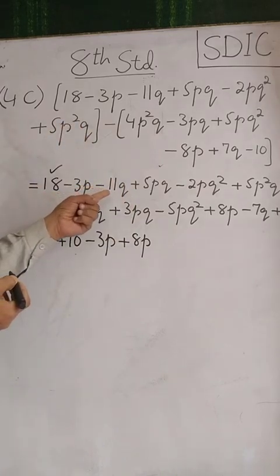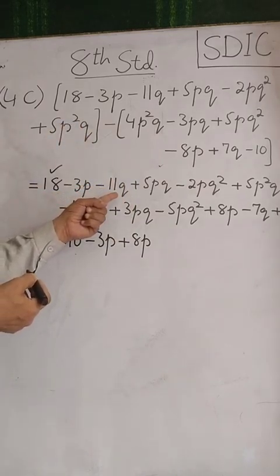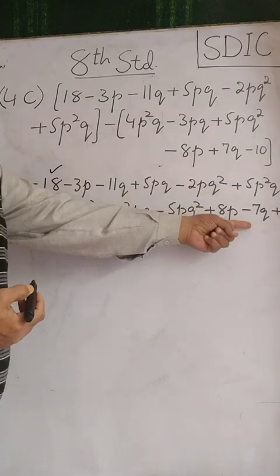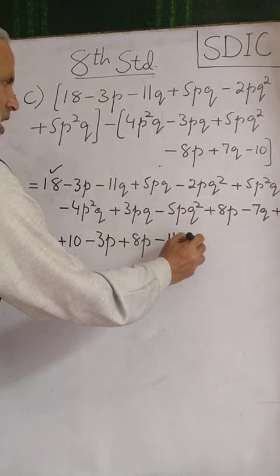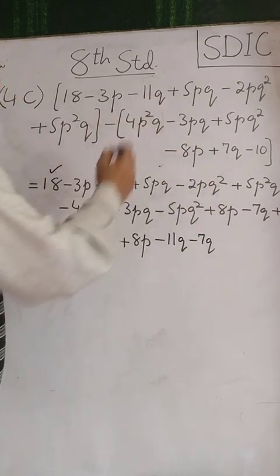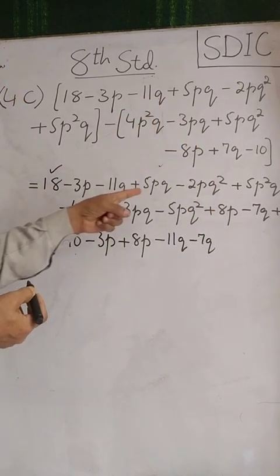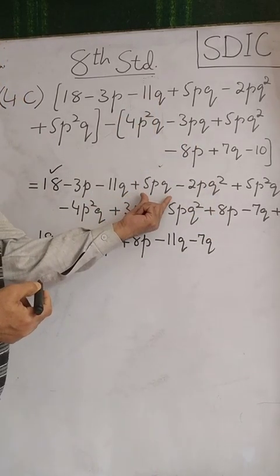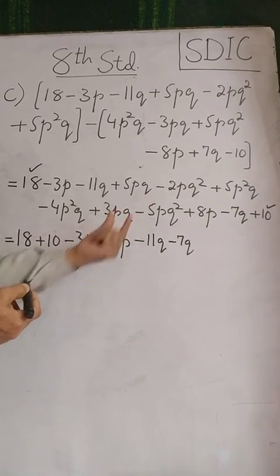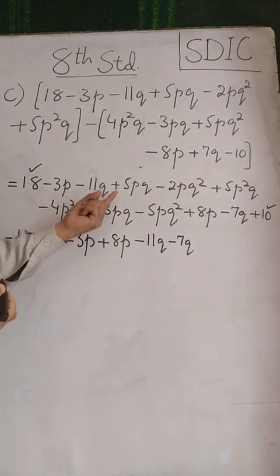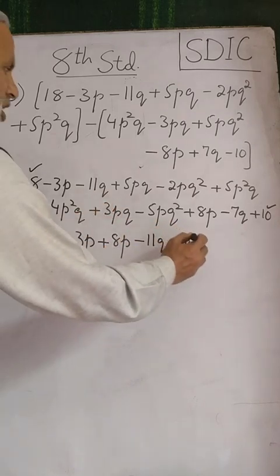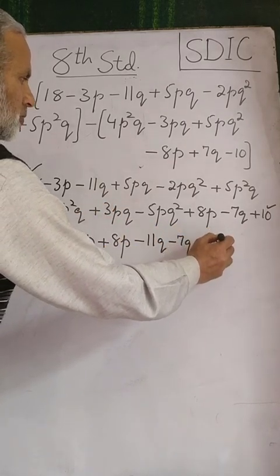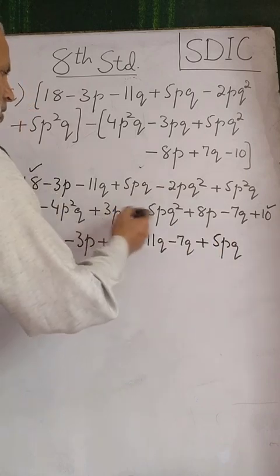Then another pair of terms with q as variable part: minus 11q, minus 7q. This is another pair of like terms. Followed by another pair with variable part pq, this 5pq and this 3pq. We'll write them together: plus 5pq plus 3pq.